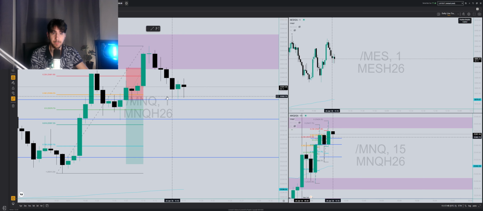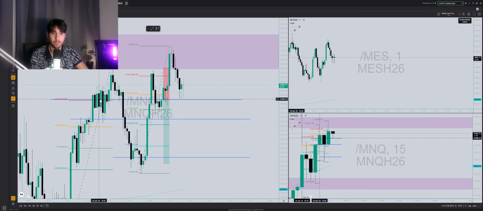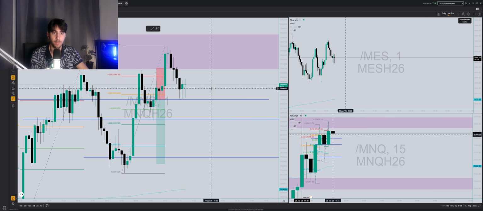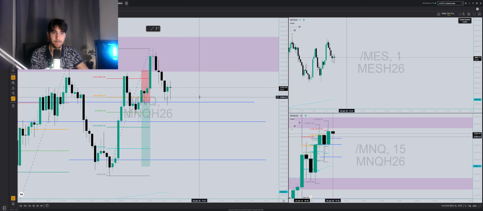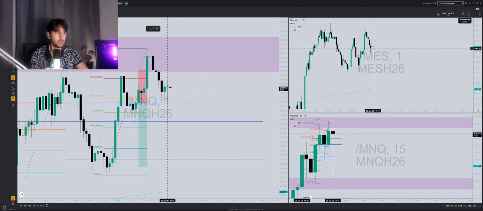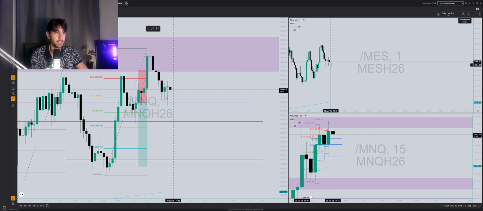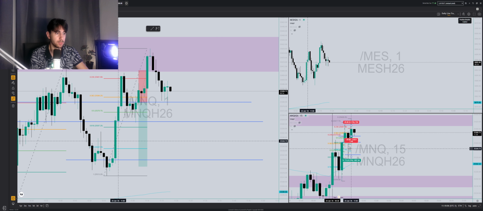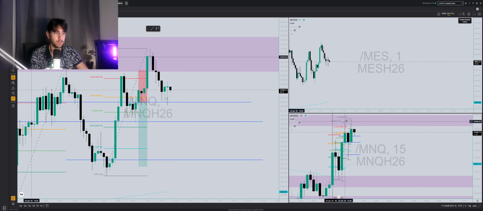Like this area, this blue line I marked here. S&P the same, rejecting it. And this is just a 15-minute chart of the Nasdaq, just showing us these moves, the swings.